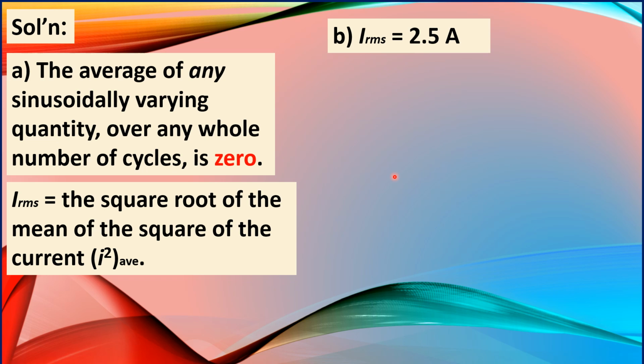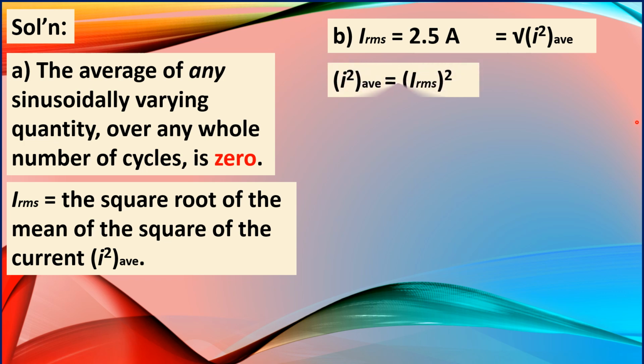So that value for the RMS current is actually given in the problem. It's equal to 2.5 amperes, and we can equate that to the square root of the small letter i squared. We call that the square root of the mean of the square of the current.